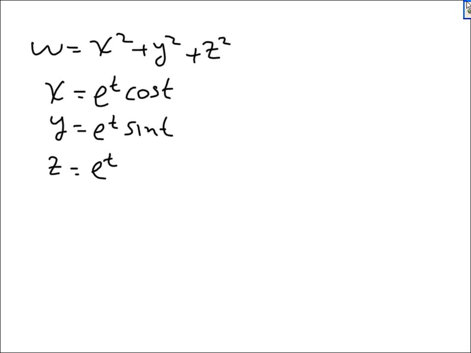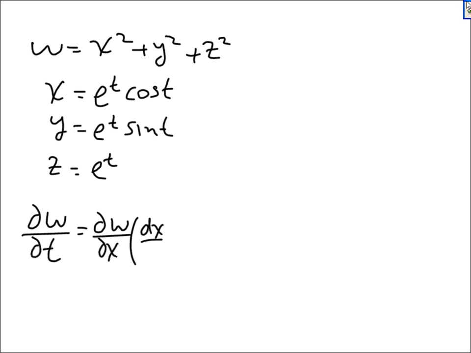Now, we want to find the partial of w with respect to t. But w is not in terms of t. That is, we're going to have to do the partial of w with respect to x times dx dt, plus the partial of w with respect to y times dy dt.